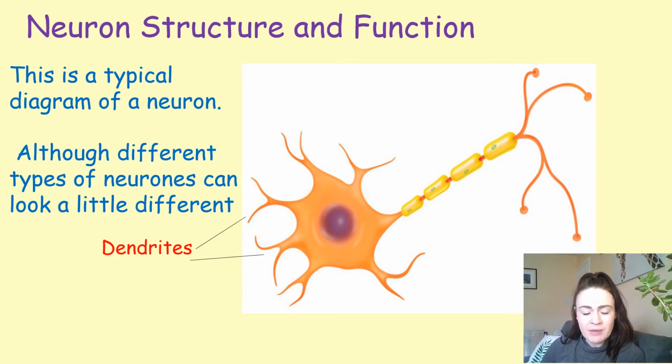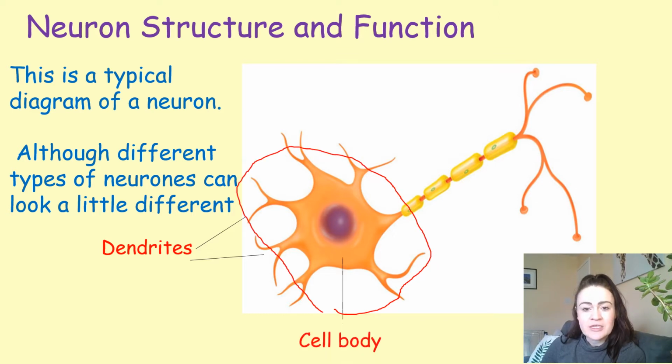And then I'm just going to get my pen here. Then moving this way, here we've got our cell body. This cell body holds the nucleus, which I'm sure we can all identify by now. It holds the nucleus as well as mitochondria and ribosomes and everything else.